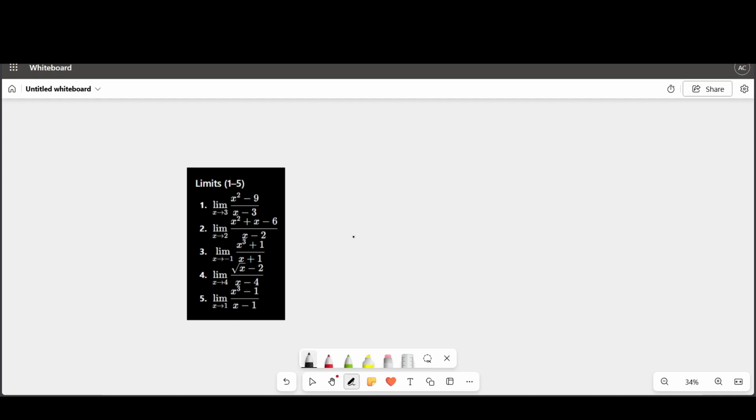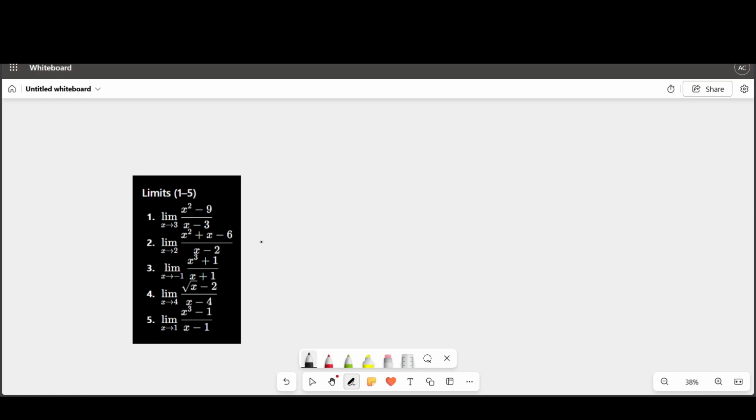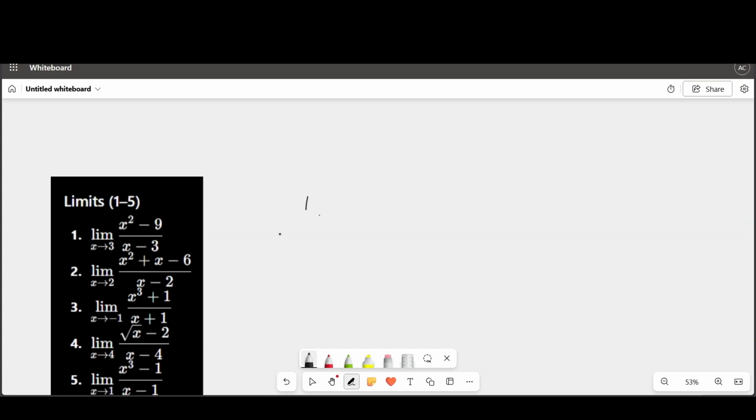So let's just start with limits. What is the limit of x as it approaches 3? We have the function (x squared minus 9) divided by (x minus 3). We're trying to find the limit of this. First we have to substitute the unknown variable with 3, to see if our answer will be a real number.